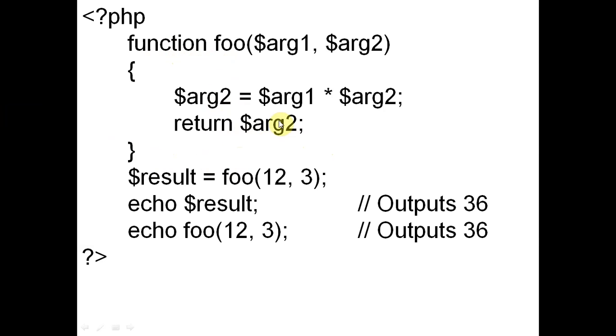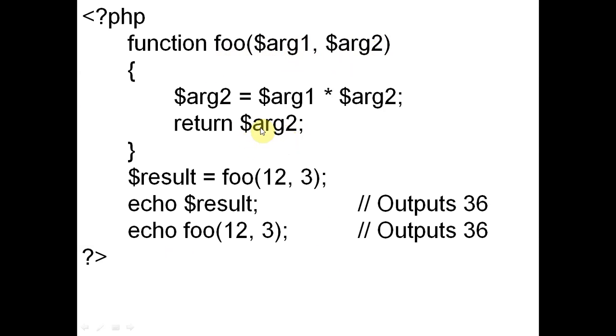As the value is, accordingly the type of return will be, and we never write any type for the argument. So you can see here there is no type; like in Java we have to mention integer arg1, integer arg2, but in PHP we don't have to mention any data type.